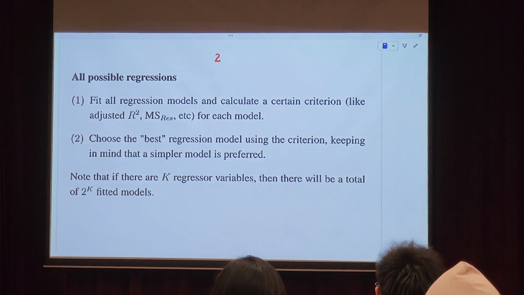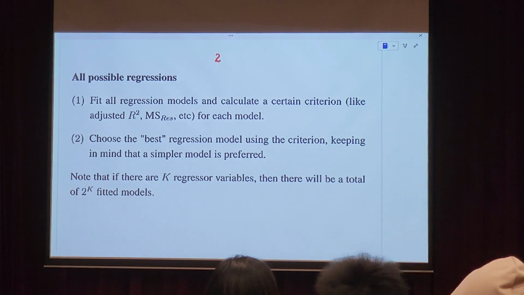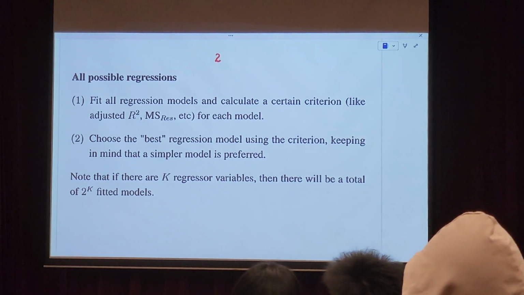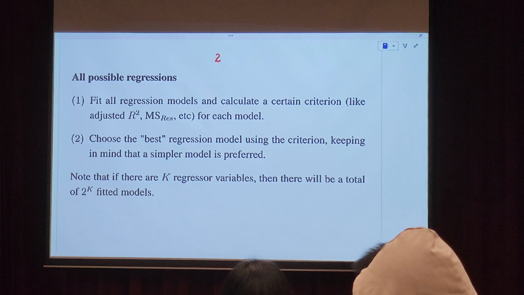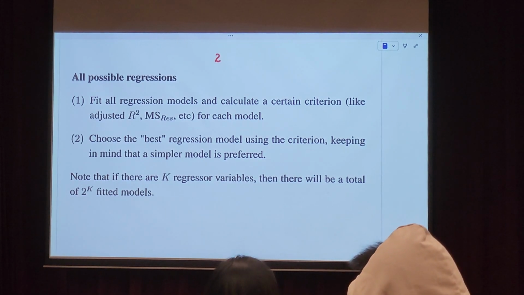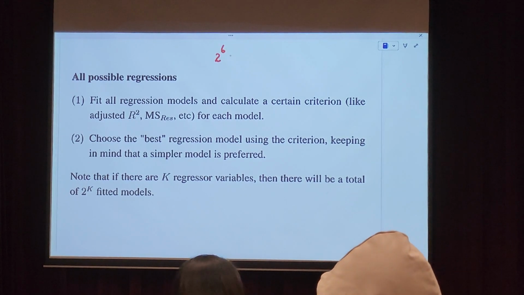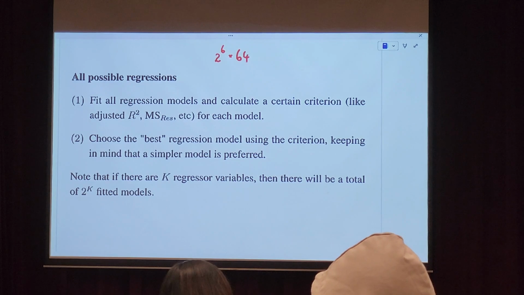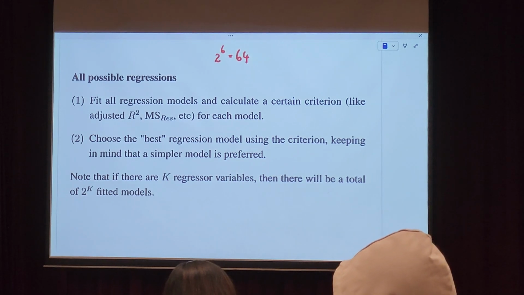Y equal to beta naught plus beta 1 x1, Y equal to beta naught plus beta 1 x2. That's it. And if you have 6 regressor variables, you would fit 64.